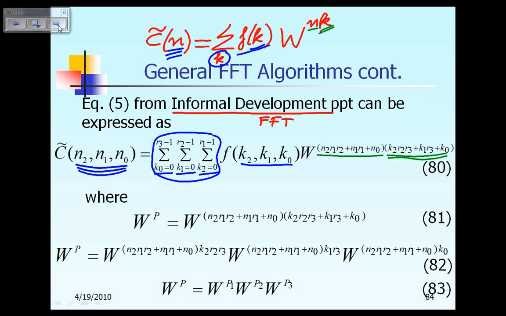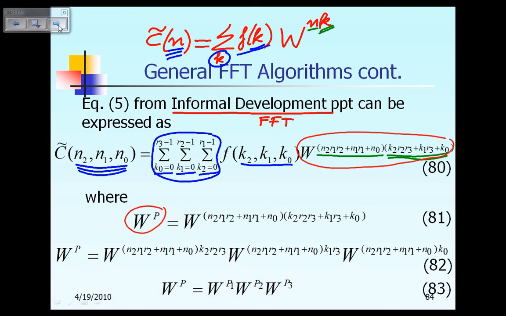With this equation 80, the next thing, just like in the previous chapter, is to pay attention to w raised to that power. That term is shown right here on the left of equation 81.